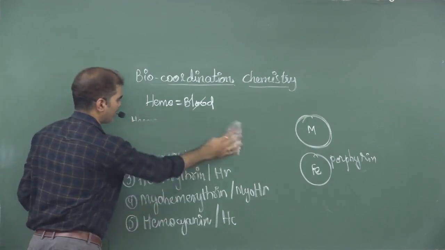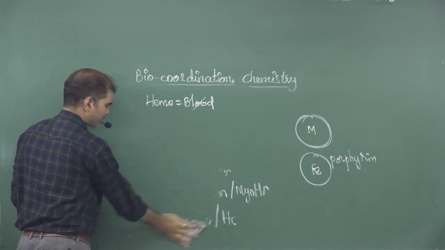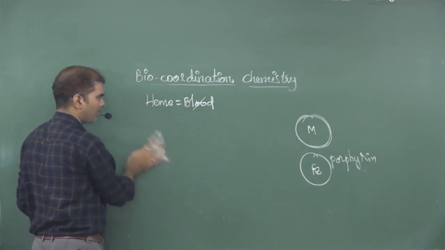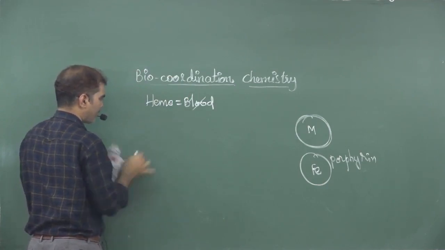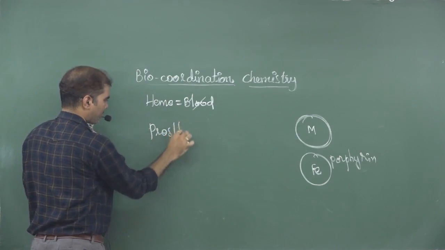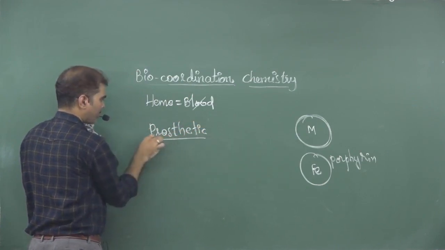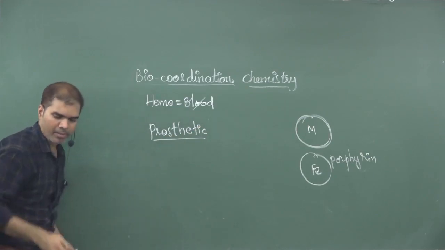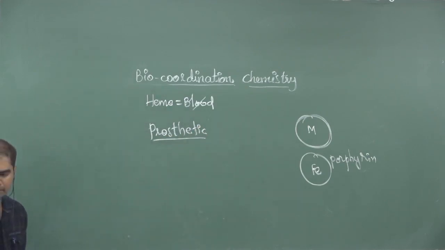According to Greek, heme means blood. But it is that portion where metal is surrounded by a prosthetic group.